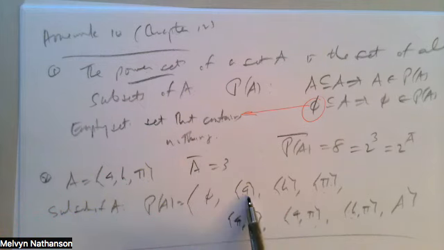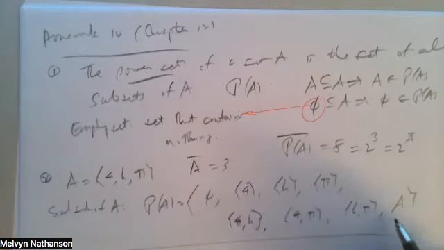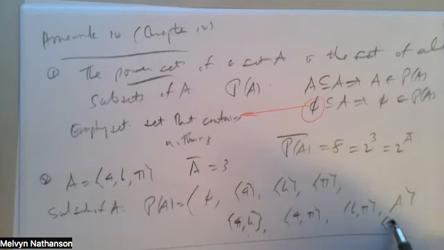These are the 1 element sets. This is the 3 element set, and this is the 0 element set. So the 3 element set only has A? No, it is A. That means all of them. Yes, A is this. This is the same as writing 4, H, and pi.